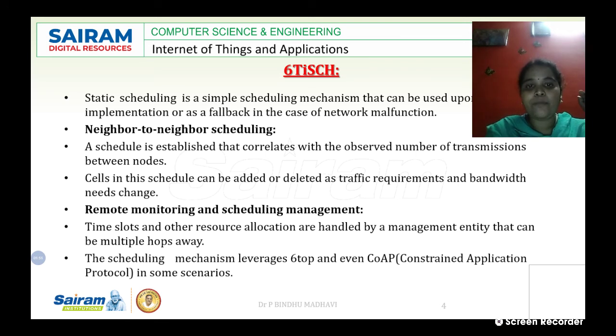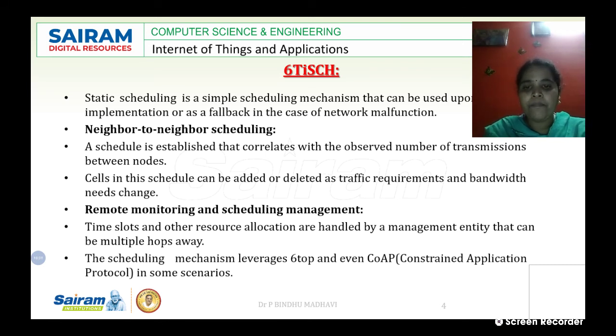The next type of scheduling process is remote monitoring and schedule management. Remote monitoring means the nodes will be monitored from some other place, not directly. Time slots and other resource allocations will usually be handled by the corresponding entities. The corresponding entities are the corresponding nodes within a hop distance or within a multi-hop distance.